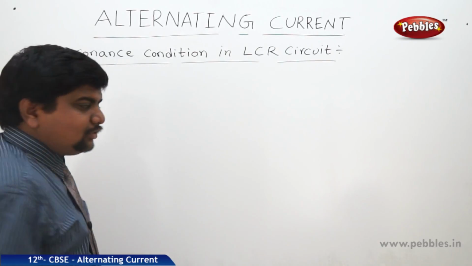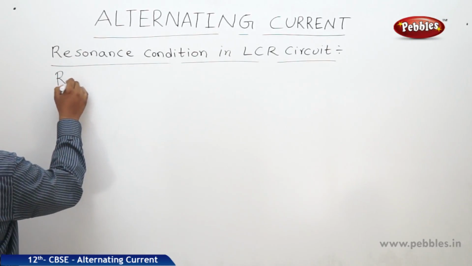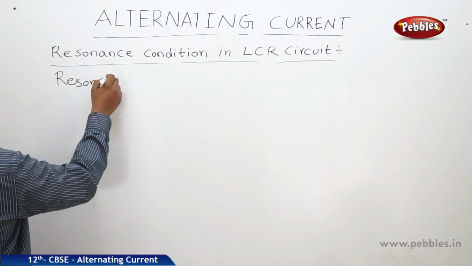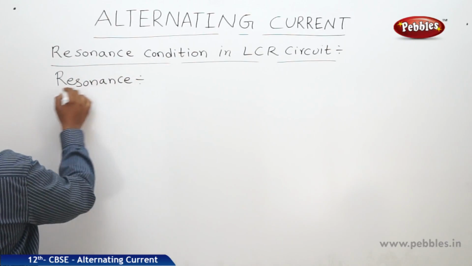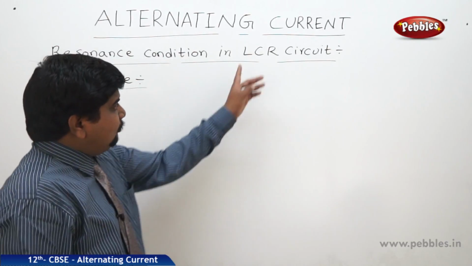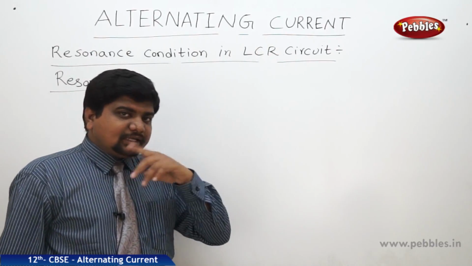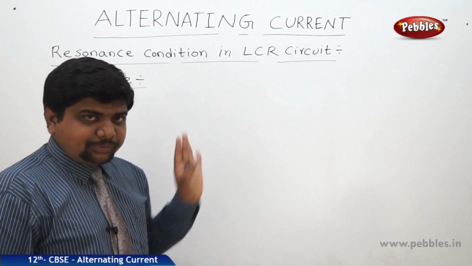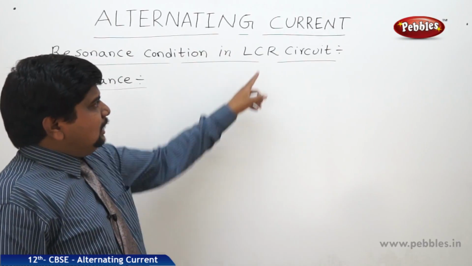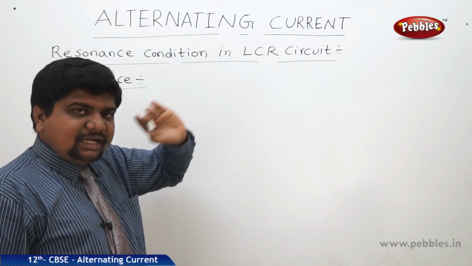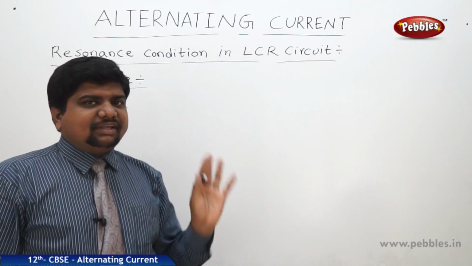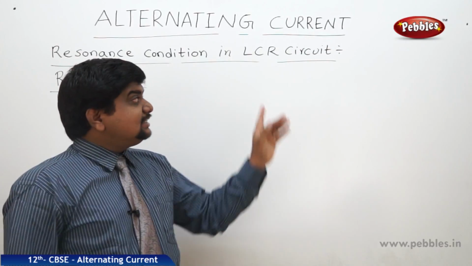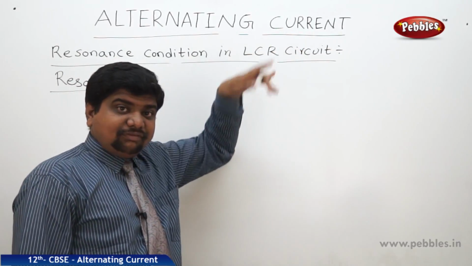What can we understand about resonance? When an inductor, capacitor and resistor are connected in series, which is connected to an AC power source, these LCR circuits have a tendency to oscillate at particular frequencies. This tendency is natural, not forced.